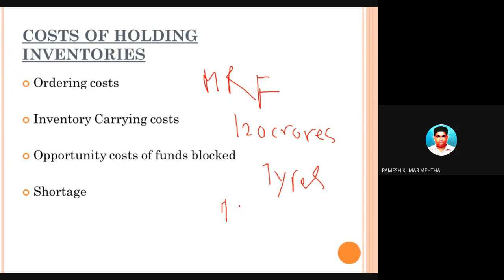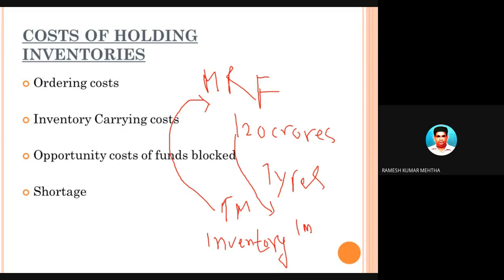These funds they are giving to MRF, and they have invested this 120 crores in inventory. This inventory will remain for at least 1 or 2 months, in the form of raw material, work in progress, and finished goods.